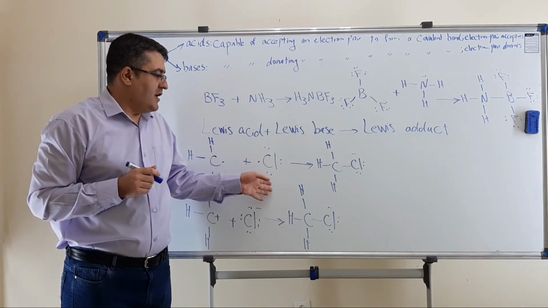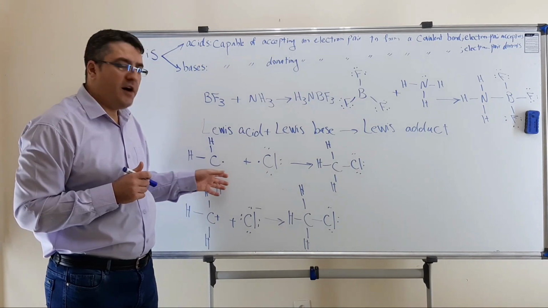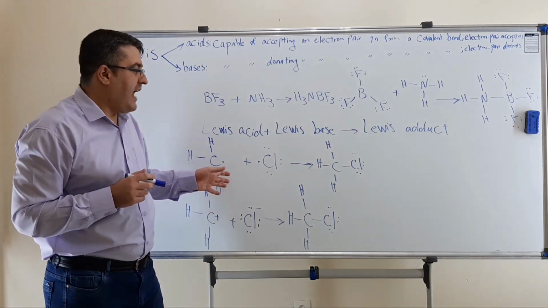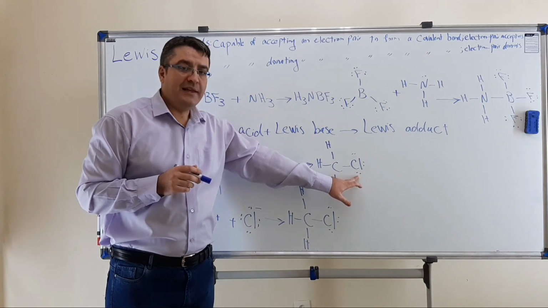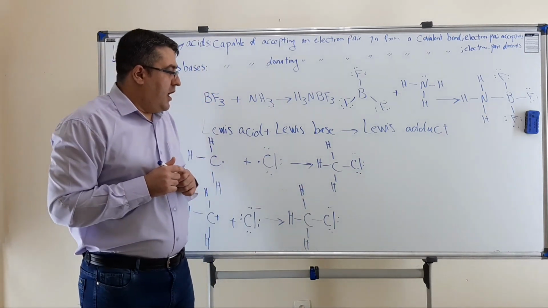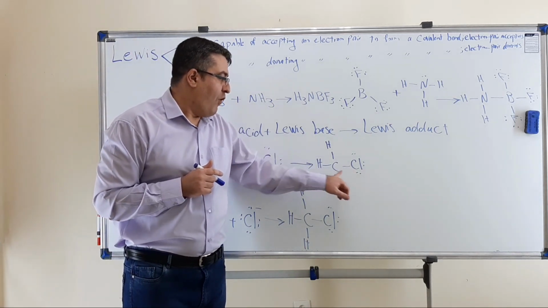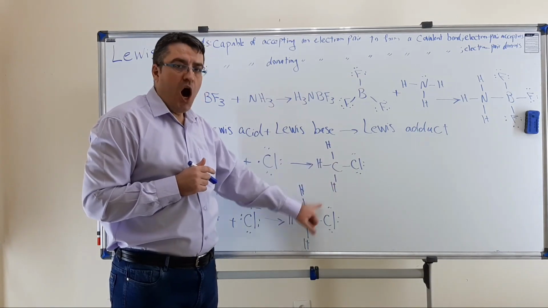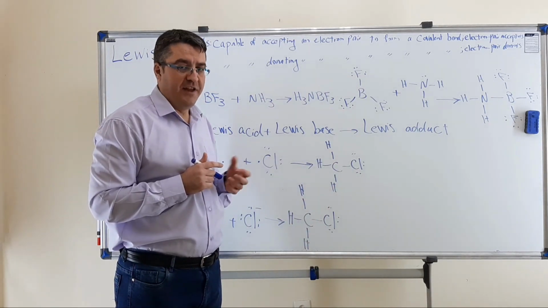The final results of these two reactions are the same. In both of these reactions, we have the formation of the C-Cl covalent bond. The C-Cl covalent bonds formed in these two reactions are exactly the same, but they are formed in different ways.